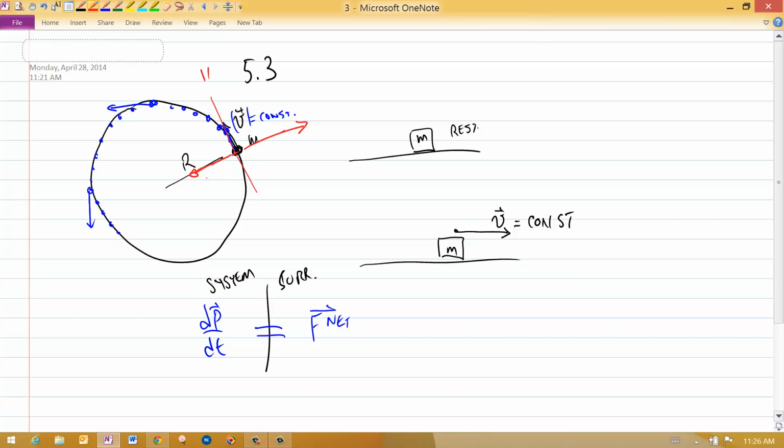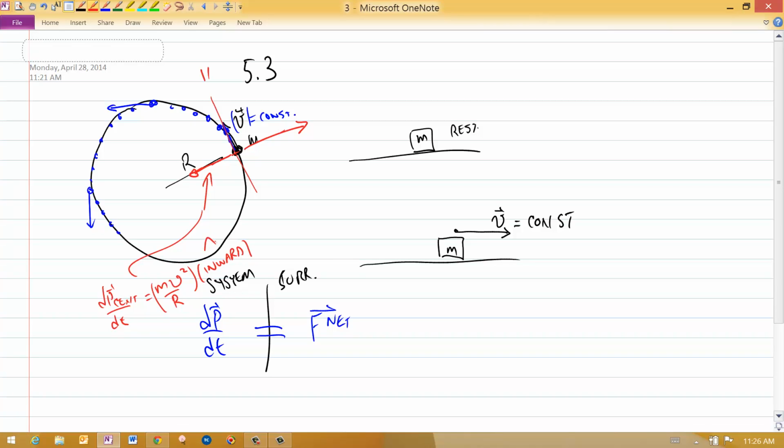And the magnitude of that force, I'm going to call this dp centripetal dt. So I know how the momentum changes. That is caused by some net force, and that net force has a size, a magnitude, which is mv squared divided by r, and it points in the inward direction.